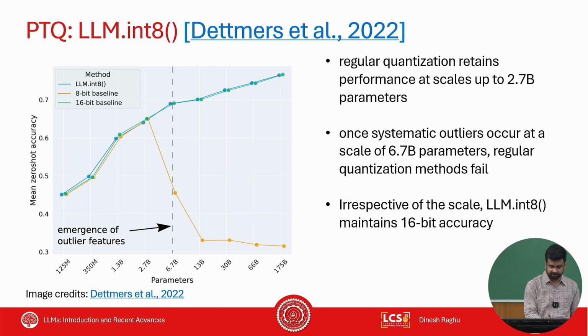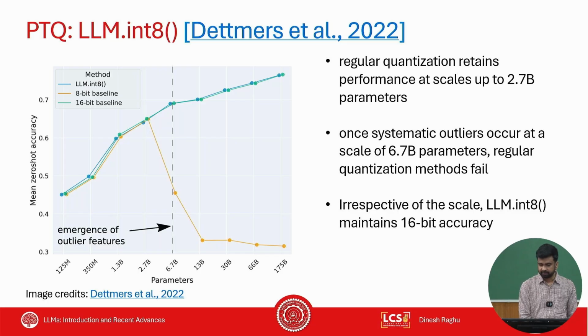If you see, the point at which this property emerges is around the 2.7 billion model. Until then there was not much difference in performance, but after that there was a steady decline, and it sort of doesn't make sense to quantize anymore, right?